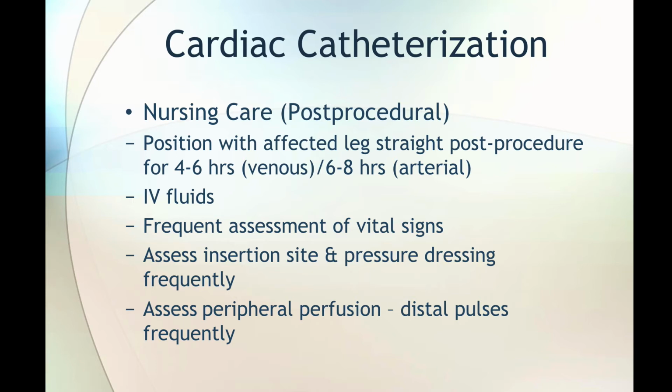Let's face it, you went into their heart and poked around. Well, you didn't, but someone did. So you kind of poked at and irritated that muscle, and sometimes it spasms, just like all muscles do. So you want to watch for dysrhythmias and bradycardia.